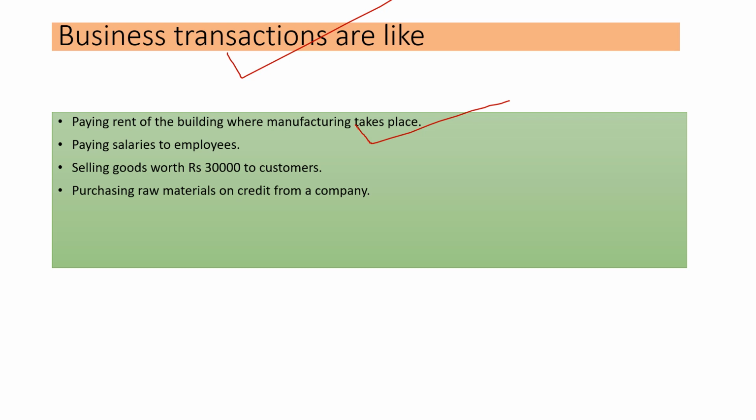That is a business expense, because it contributes to your revenue. Paying salaries to the employees is also a business expense, because it is a part of the business. Selling goods to customers is a part of business. Purchasing raw materials on credit from a company is also a business transaction. So, you understood the difference between personal and business transactions, right?